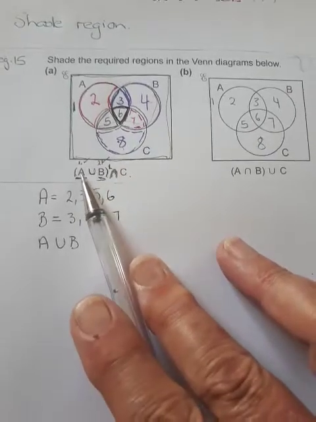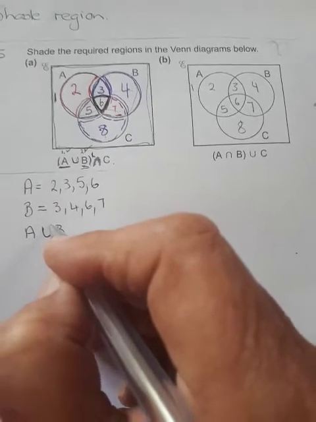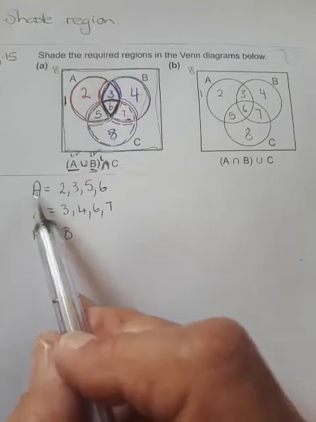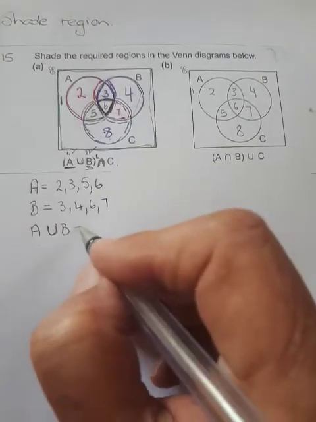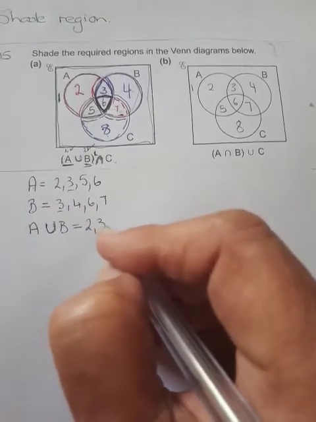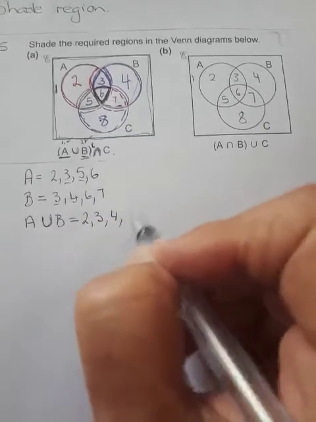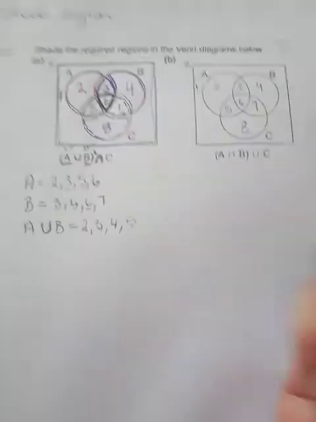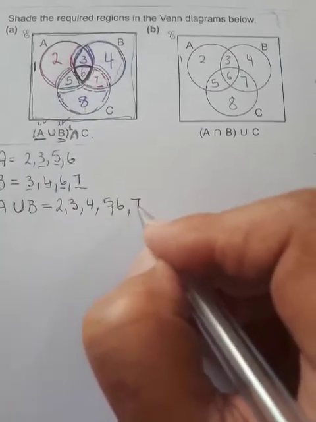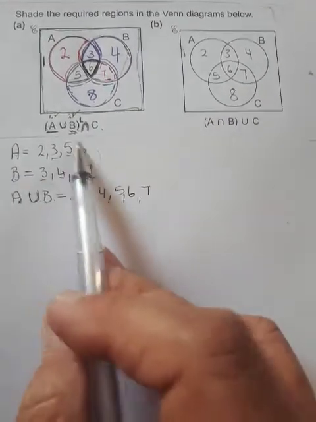So let's write down A union B. Remember, union means all together, so anything that is in A or in B, which means region 2, region 3, region 4, region 5, region 6, and lastly region 7. That's A union B, all together.